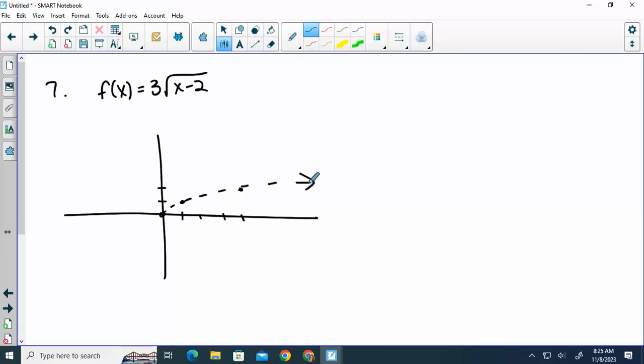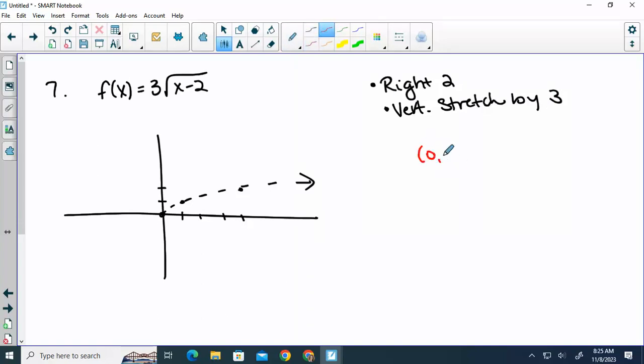Okay, transformations. What does the minus 2 do? What does this 3 do? Okay. So I told you if it helps on those, you could write out ordered pairs.